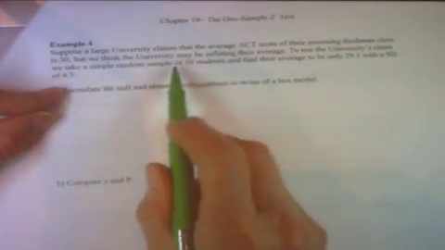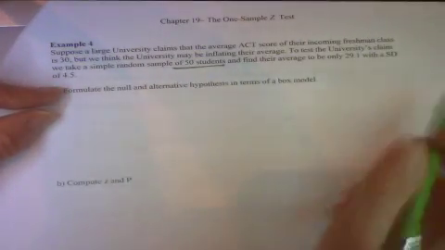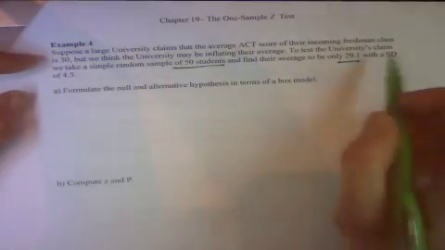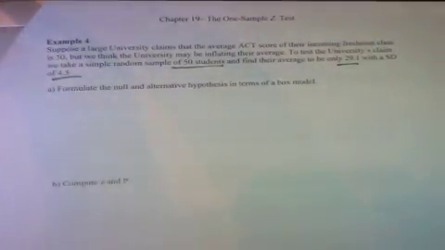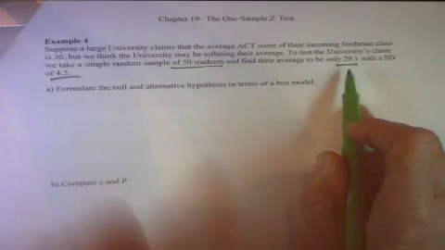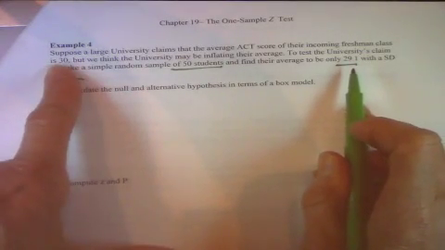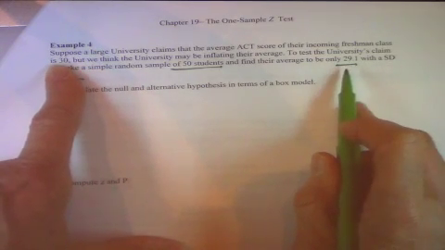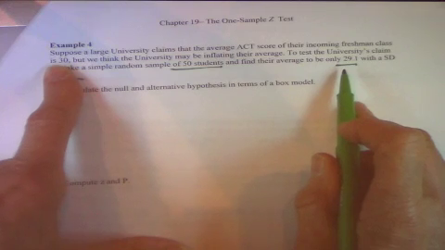And then we took a simple random sample of 50 students and found that their average was only 29.1 with a standard deviation of 4.5. So is this evidence that the university is really lying? That they bumped it up to 30 when it's really only 29? How would we know?